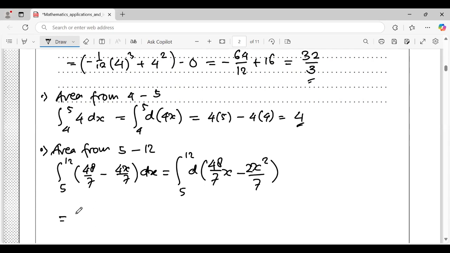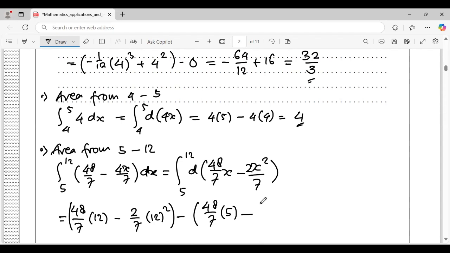It becomes 48 over 7 times 12 minus 2 over 7 times 12 squared, minus 48 over 7 multiplied by 5 minus 2 over 7 multiplied by 5 squared.